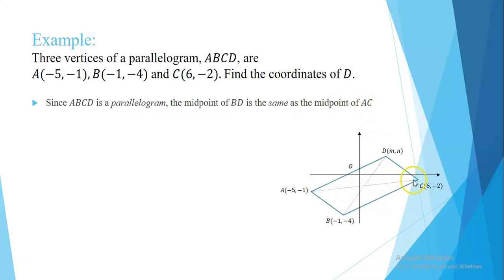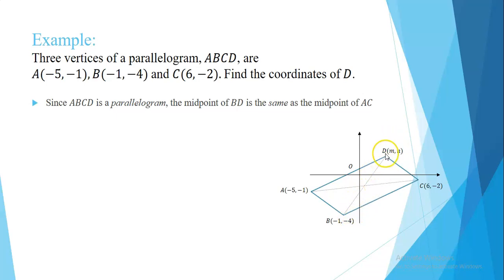So AC has exactly the same midpoint as BD. All we need to do is find the midpoint of AC. Once we have it, we know that's the same midpoint between D and B.